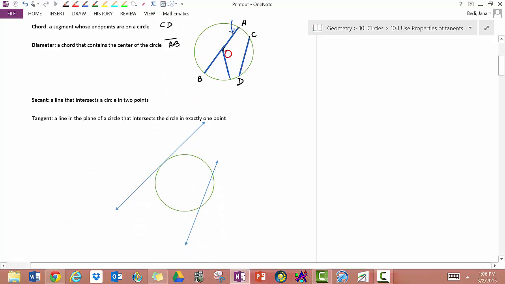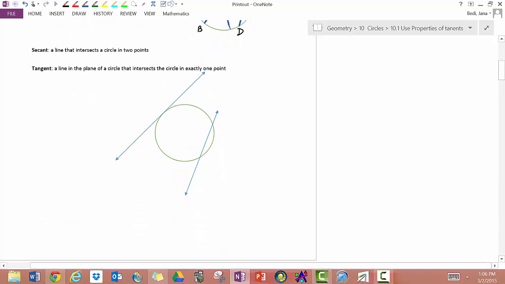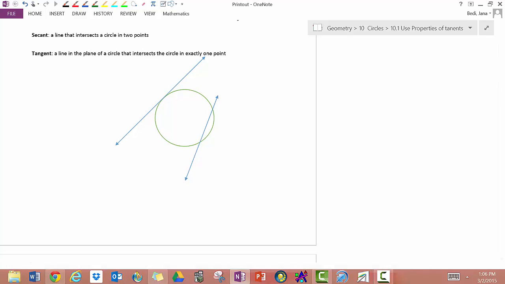Some more vocab: a secant and a tangent. A line or a segment or a ray that intersects the circle in 2 points is called a secant. The important thing is that if it is a segment, its endpoints are not on the circumference, they extend outside the circle.